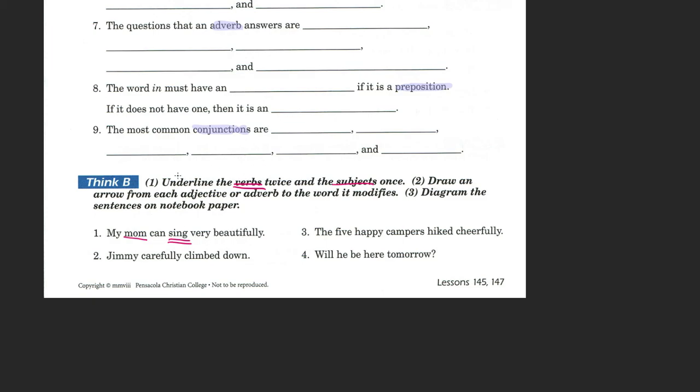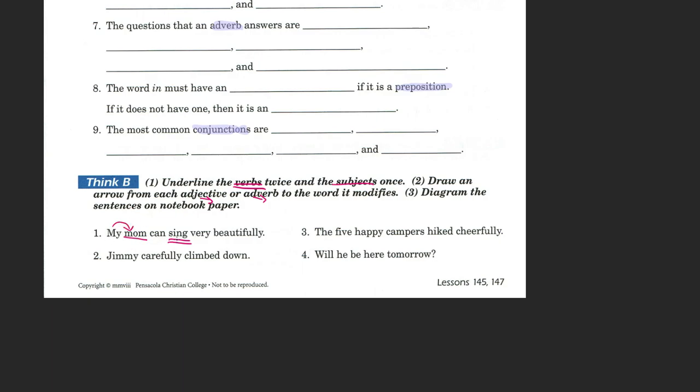Okay, so draw an arrow from each adjective or adverb to the word it modifies. So are you looking for adjectives and adverbs? Drawing arrows for those. My is an adjective describing mom.